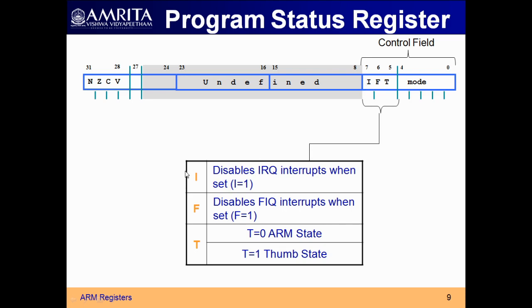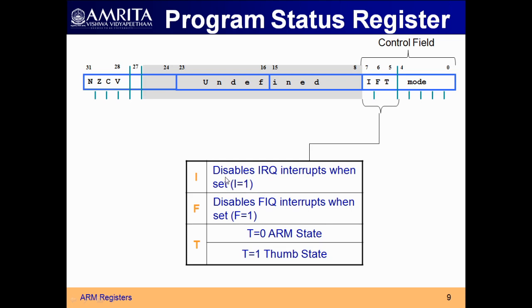So if the I bit is set, what does it mean? If the I bit is set, you are disabling IRQ interrupts, normal interrupts. If the I bit is 0, you are enabling IRQ.